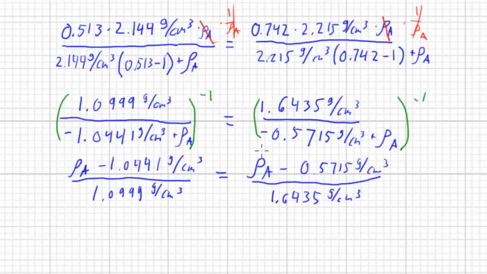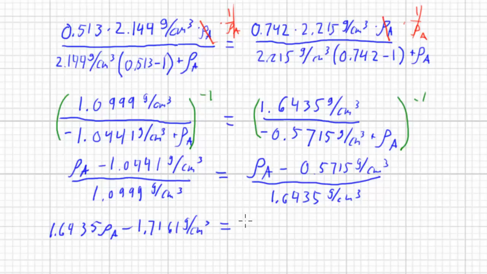Okay, now we can just multiply through, and we will get 0.6435 density of the amorphous, 1.61 grams per cubic centimeter.